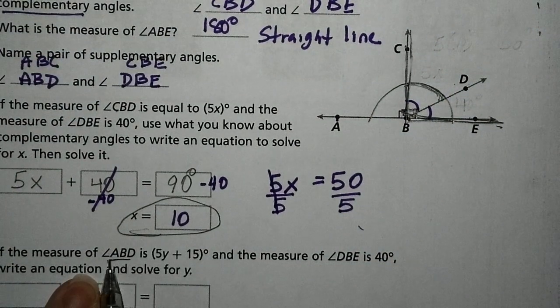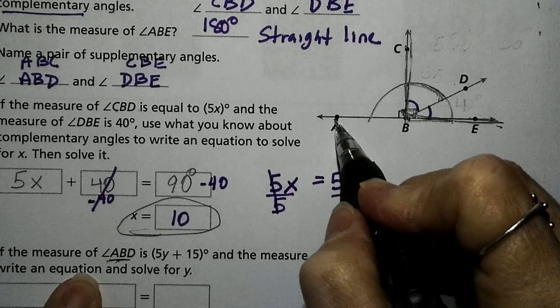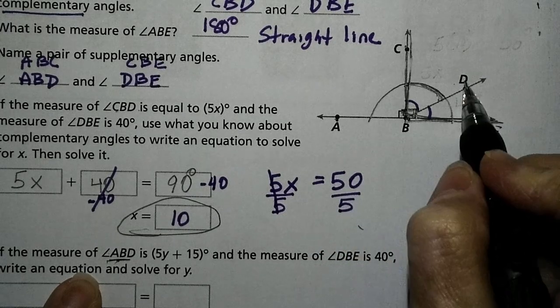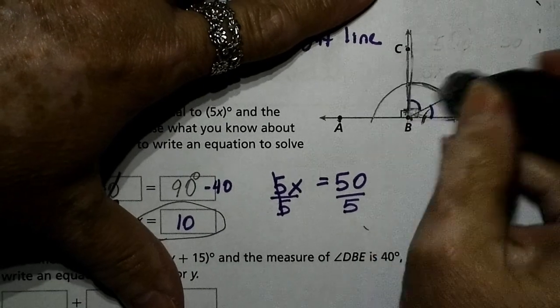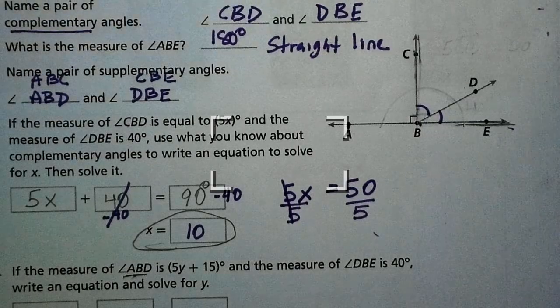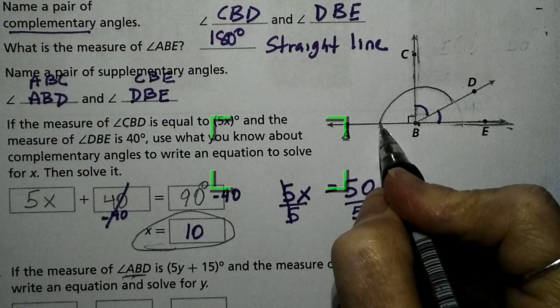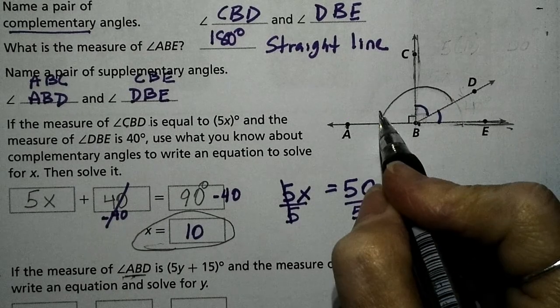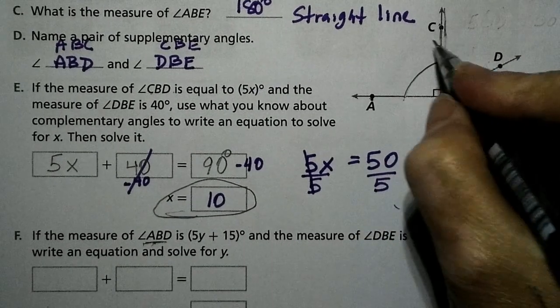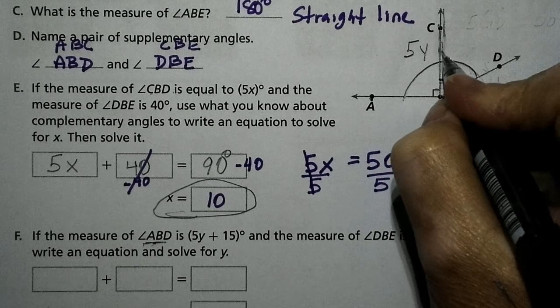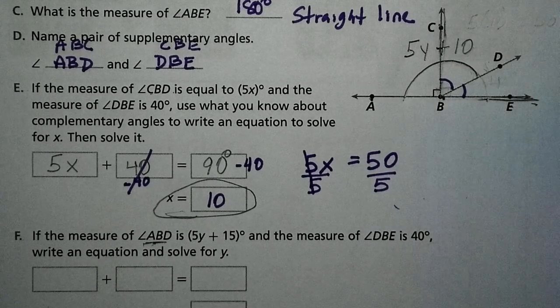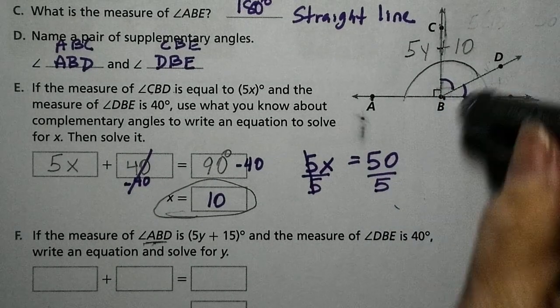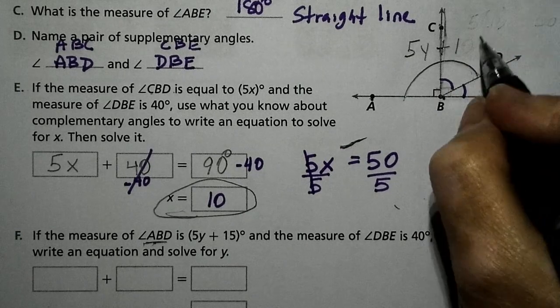So ABD, that is this big angle. So if I was to combine it all, that's this big angle here. So that angle is 5y plus 15. I didn't read it right.